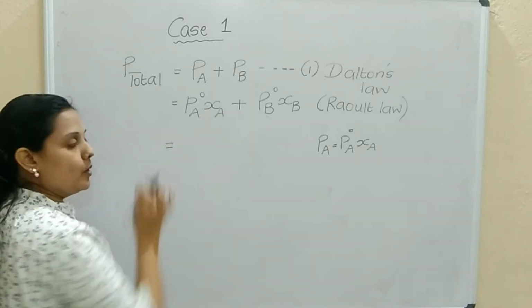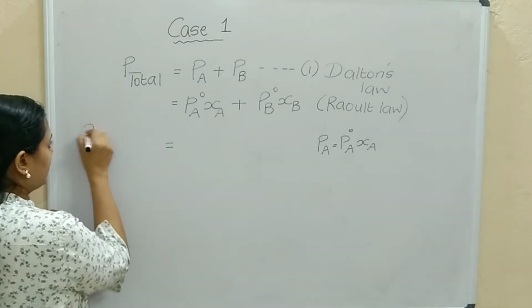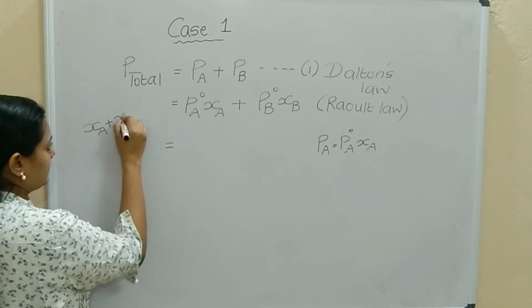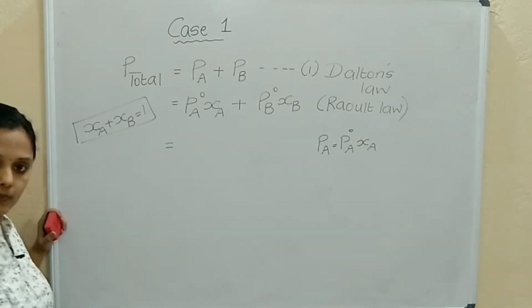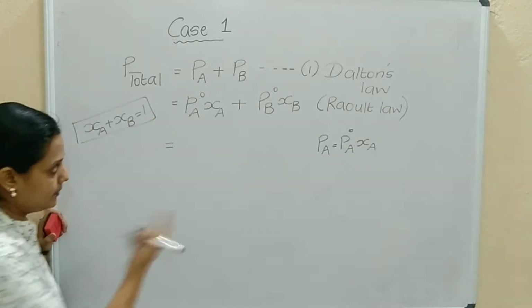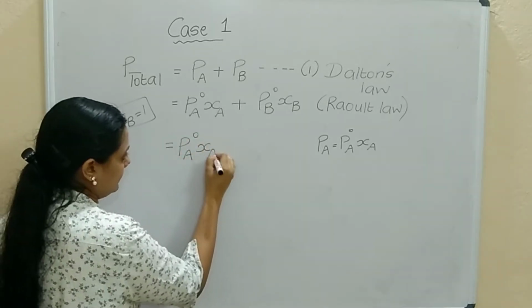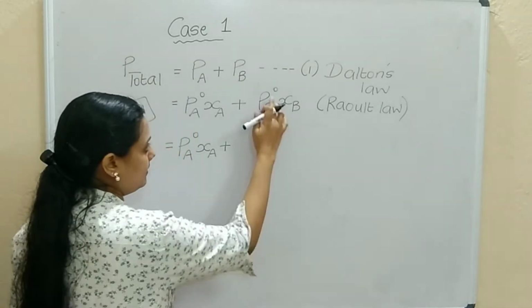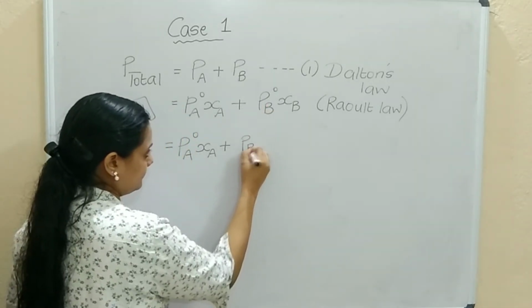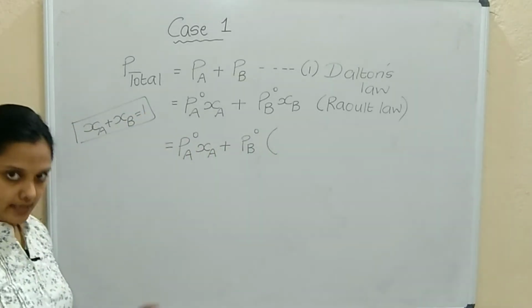Now one of the mole fractions can be expressed in terms of the other, because we know XA plus XB, the mole fractions, equals unity. So I will take XB. PA degree XA plus PB degree XB, I will write XB as 1 minus XA.